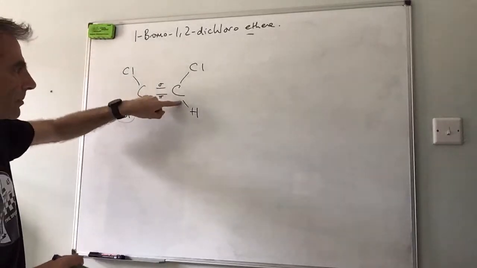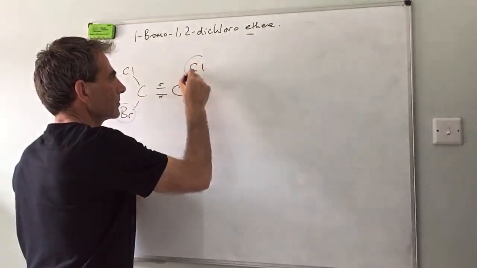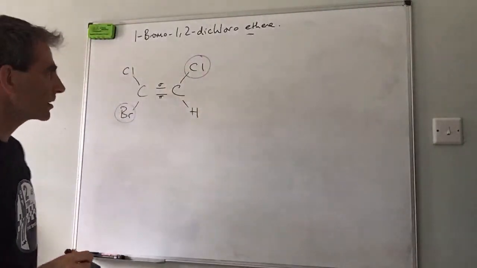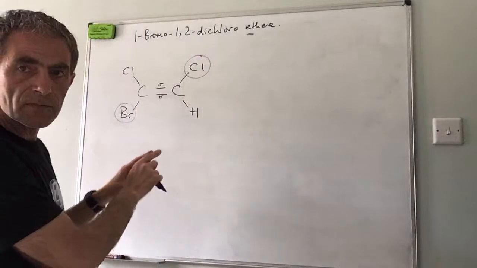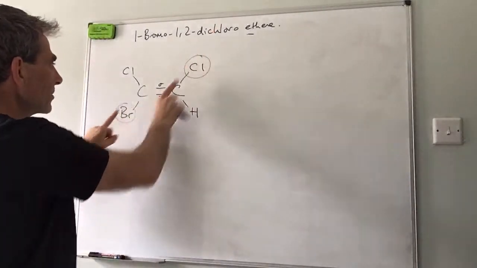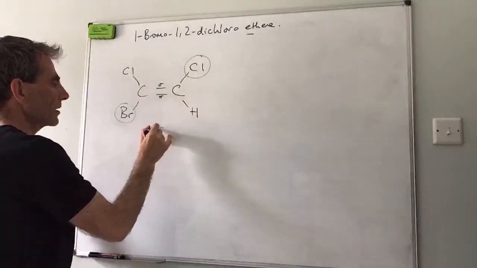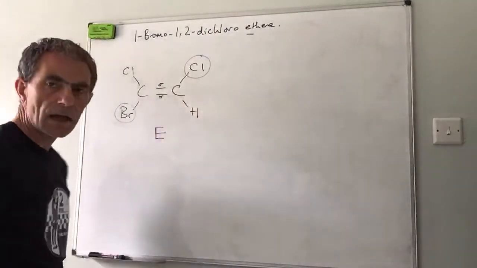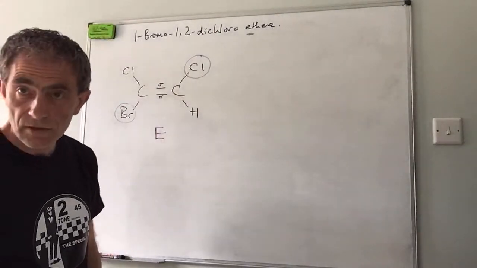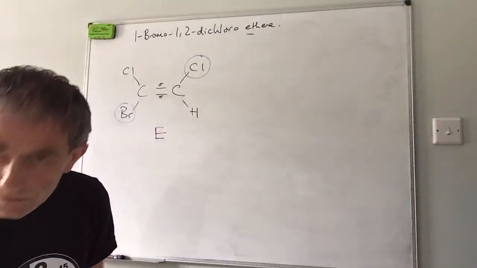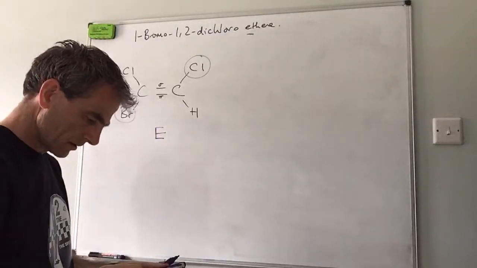Look at this carbon, okay? So the priority groups are on opposite sides of the double bond, okay? So this is the E isomer. So well done to those people who said E. There were lots of you who said Z, by the way.